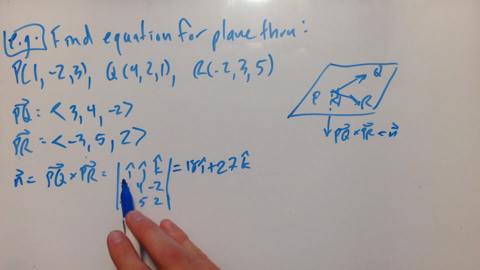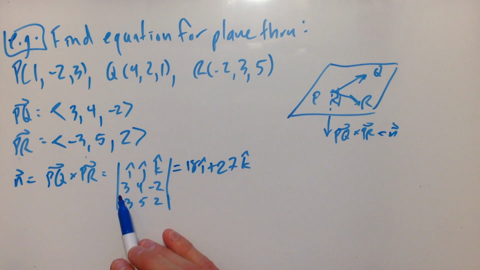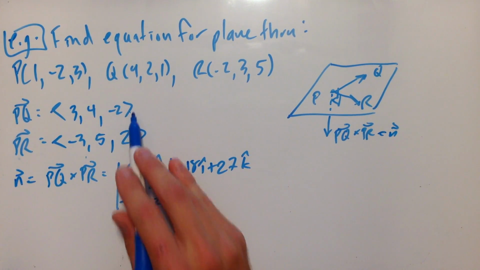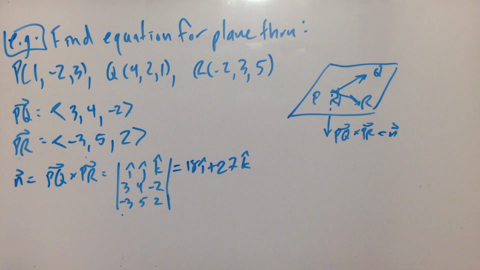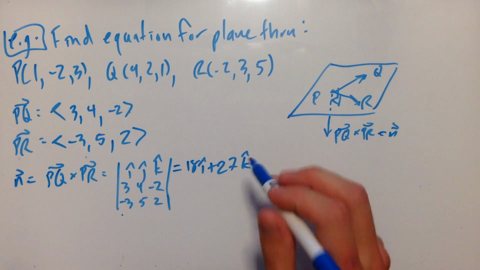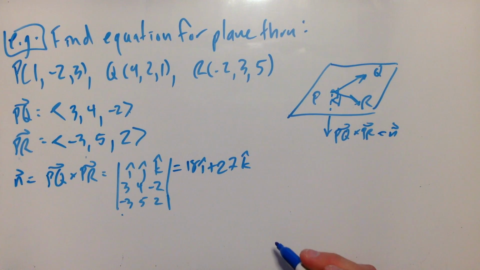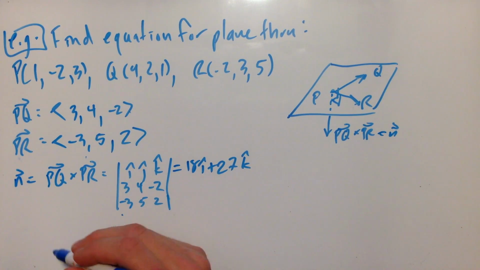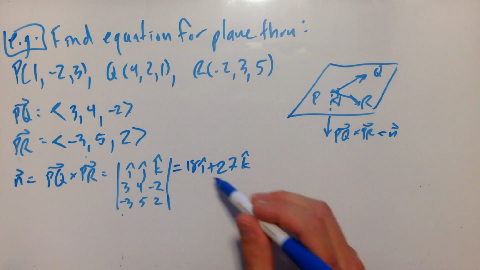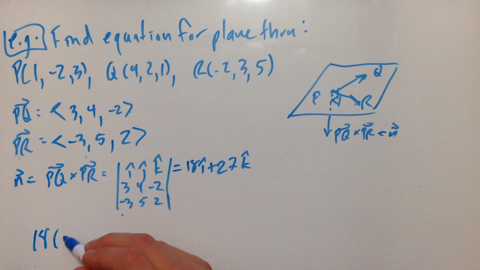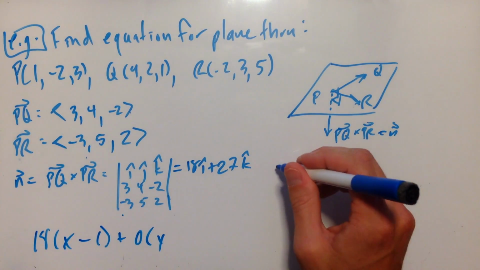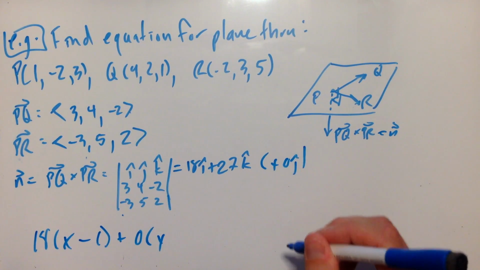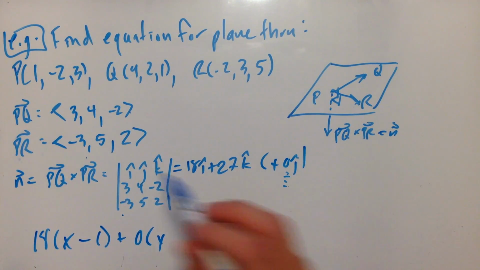PQ cross PR, that's the determinant of i, j, k. The first row, second row is 3, 4, negative 2 from PQ. The third row is negative 3, 5, 2 from PR. And I leave this to you to evaluate; the cross product does equal 18i plus 27k. And so we can take an equation to be, the scalar form would be 18 times x minus, let's use P, x minus 1, plus 0 times, because there is an implicit plus 0j here, so the y component of the normal vector is 0.